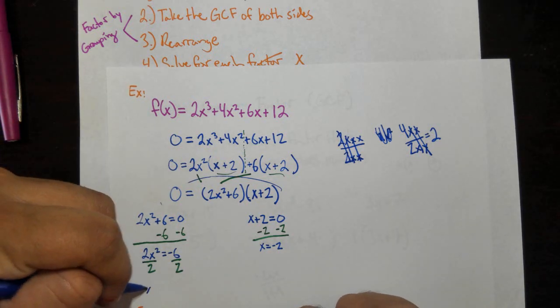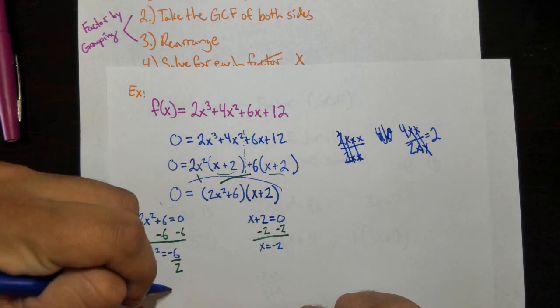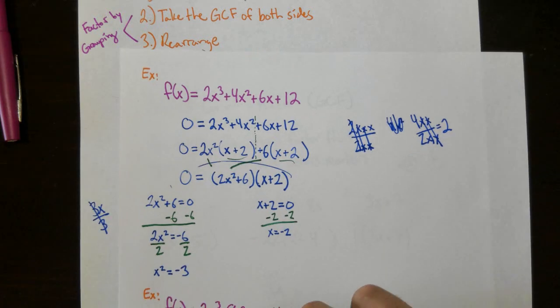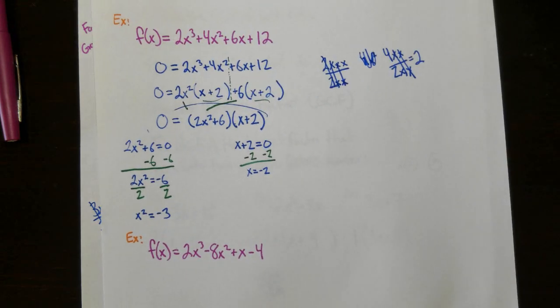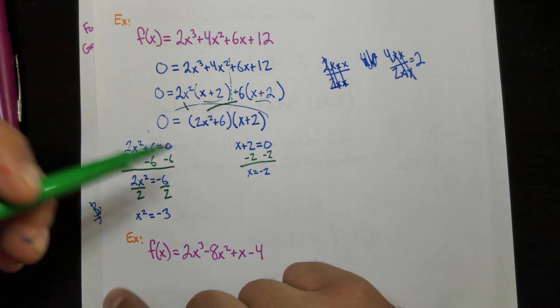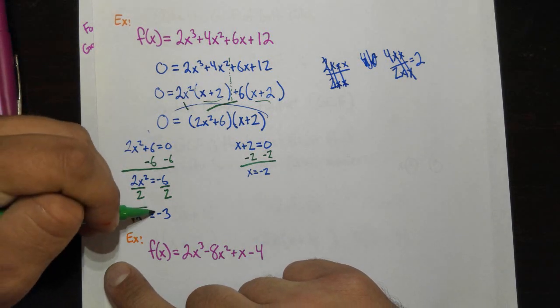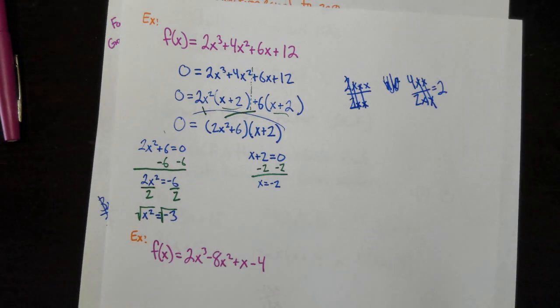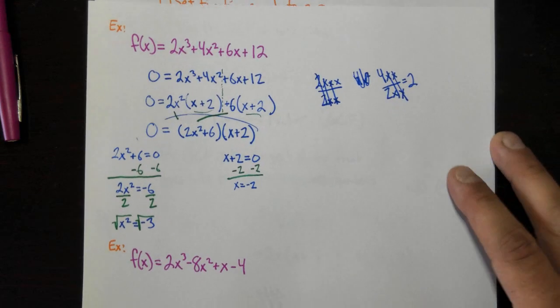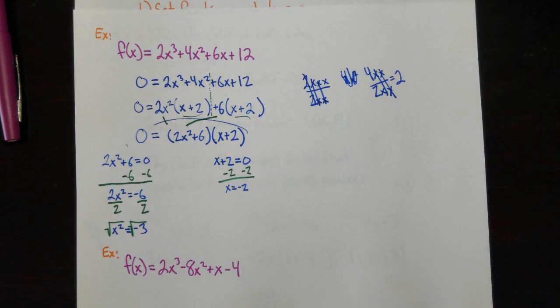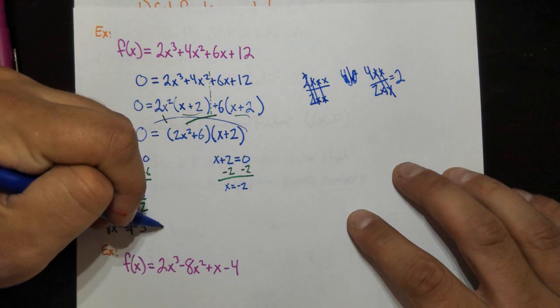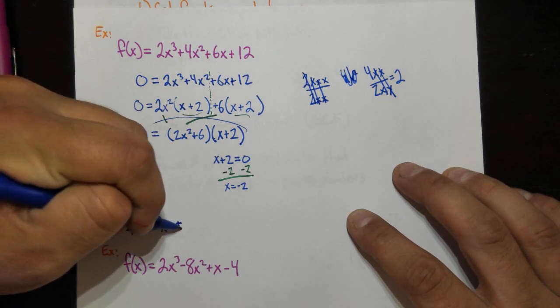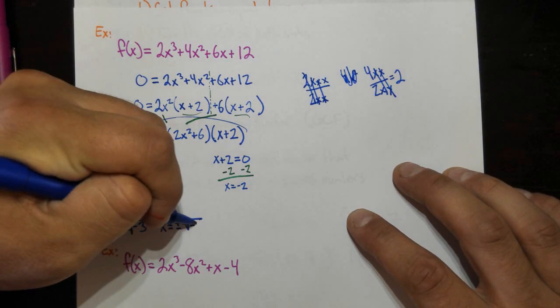So x squared is equal to -3. And then we can take the square root of both sides. Now, something funny is going to happen here, and for now we'll just leave it like this. We'll leave it as x equals the positive or negative square root of -3.